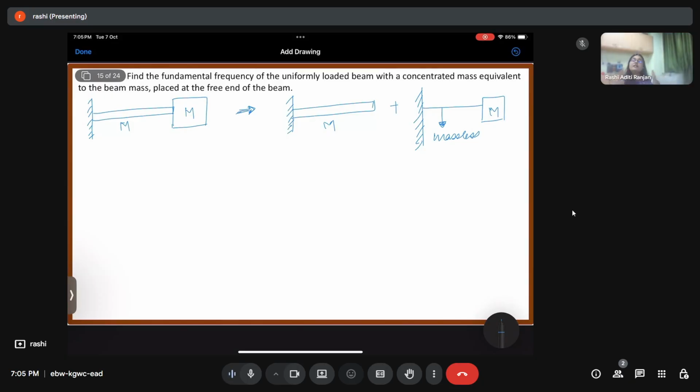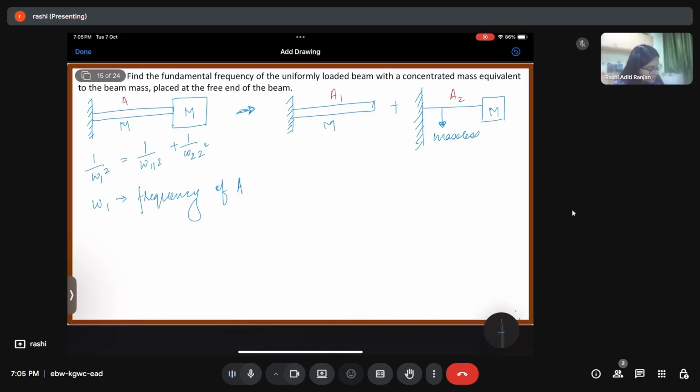So the concept that we discussed for the previous question, wherein we had 1 by omega 1 square equal to 1 by omega 11 square plus 1 by omega 22 square. So omega 1 is going to be the frequency of A. Let us say this is A, this is A1, this is A2.